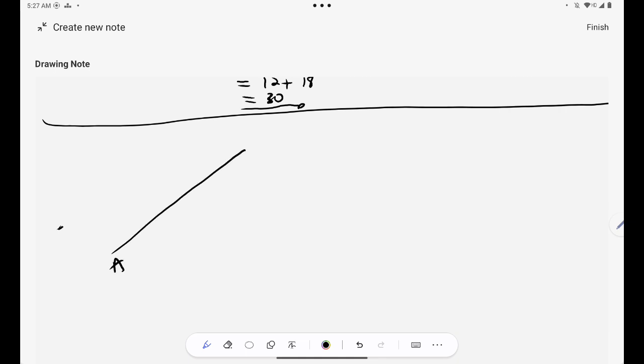You have a line like this. You have A, we have K here, and B. Maybe you are told that the ratio of AK over KB, let's say, okay, let's take 2:3.